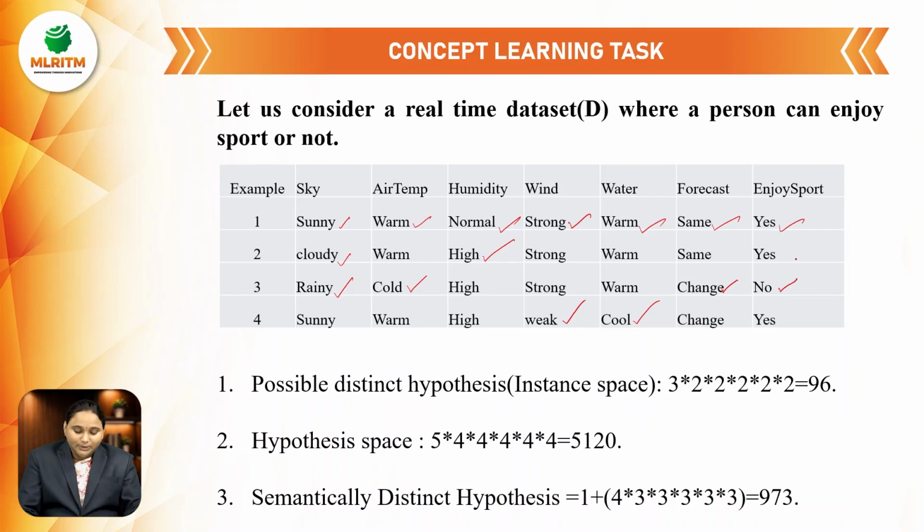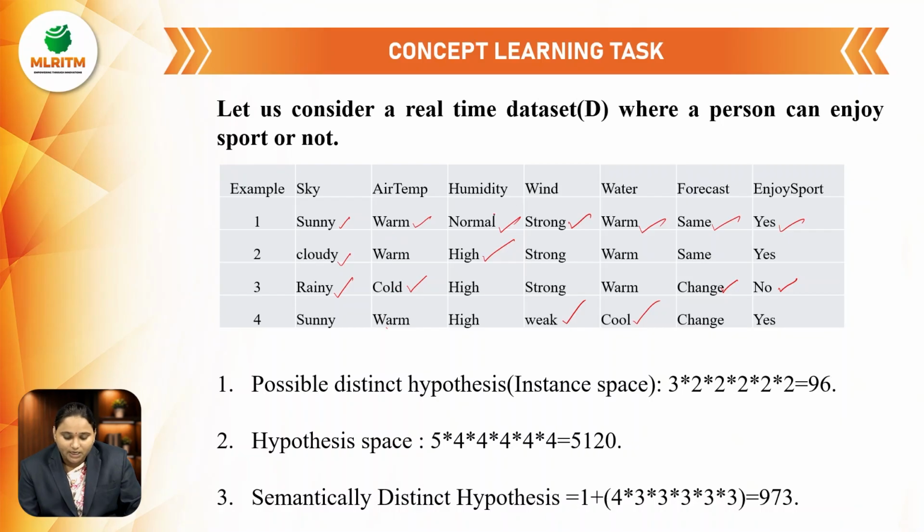Next, coming to the possible distinct instances in the instance space, Sky contains three values. We have four entries, and among those four, three are different. Next, air temp has four entries, and among those two are different, warm and cold.